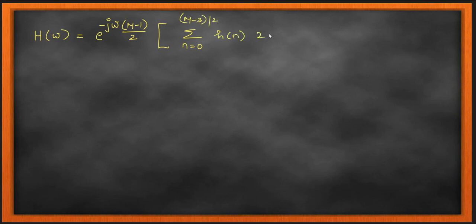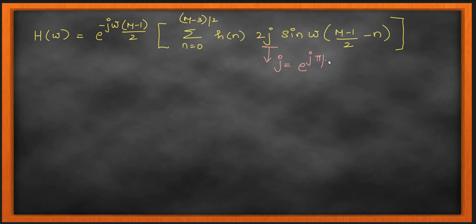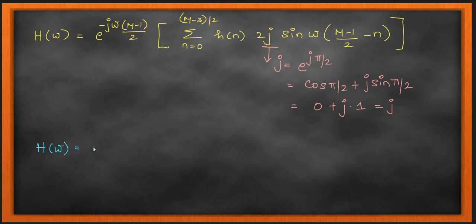Now that the center term has been made 0, why I did that was, even if I didn't do that, it wasn't needed. But by doing so, I am now able to represent my j as e to the power of j pi by 2, because the Euler formula for e to the power of j theta is cos theta plus j sine theta. So that's going to come out to be cos pi by 2 plus j sine pi by 2, and that is equal to j.